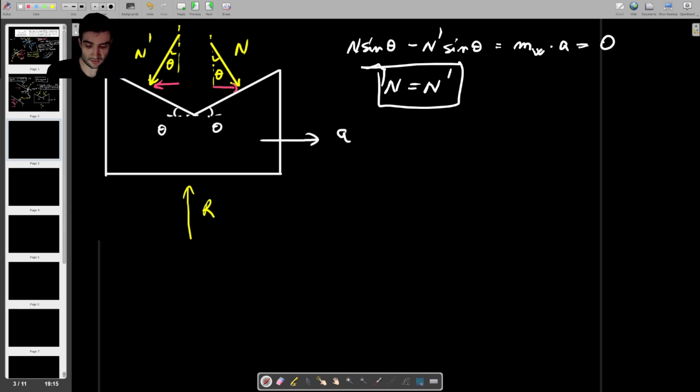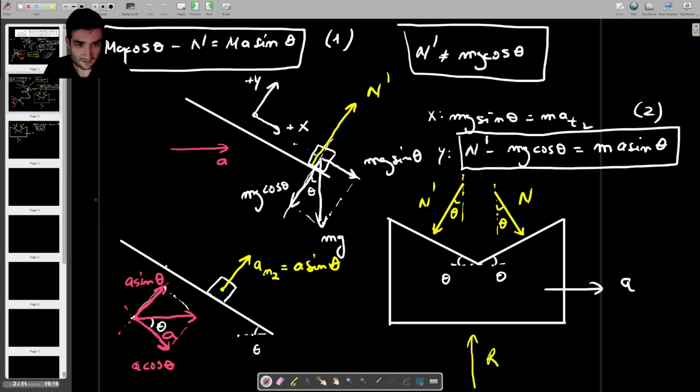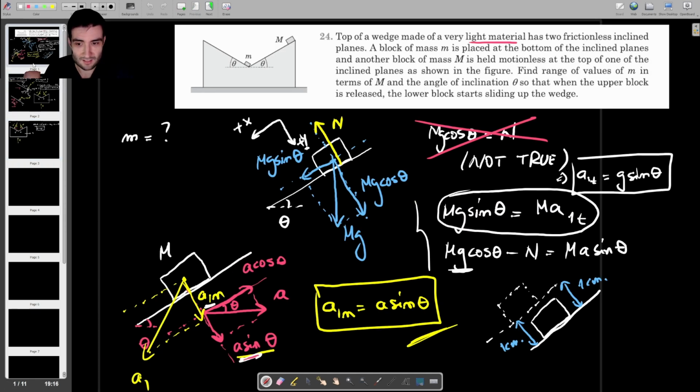In other words, the wedge is going to think, quote unquote, that the two objects sitting on it have the same weight, because the normal reaction forces are the apparent weights of the objects, and the wedge is going to think that both objects have the same mass, which is clearly not true because we haven't constrained big M and small m in any way.